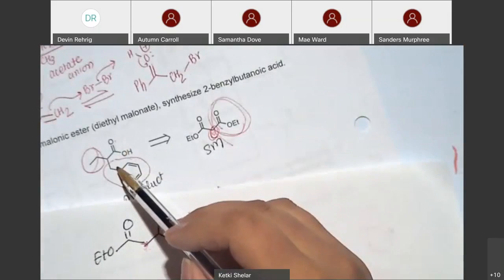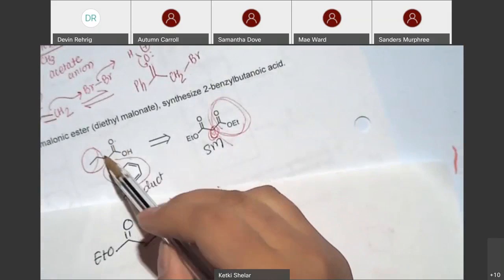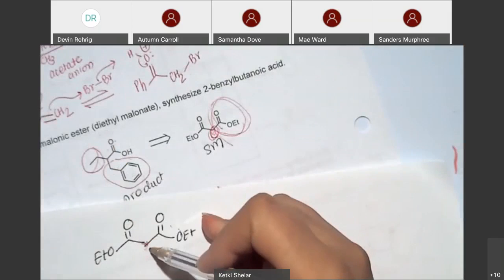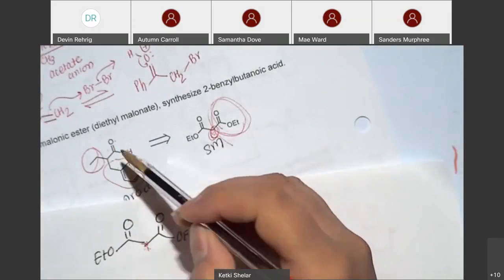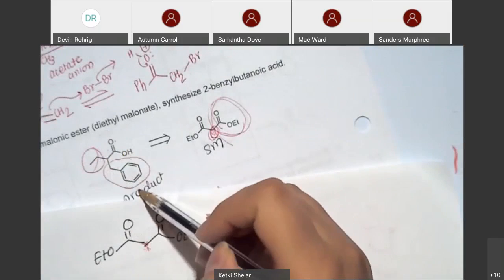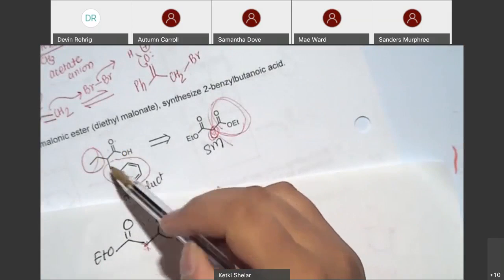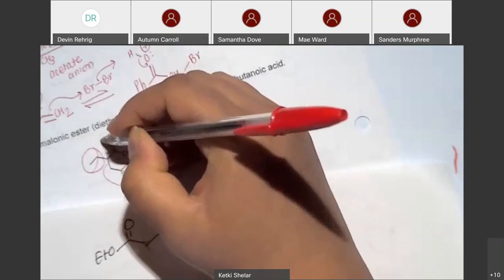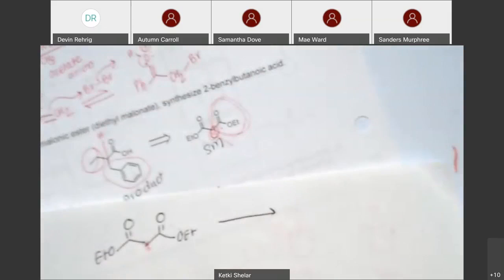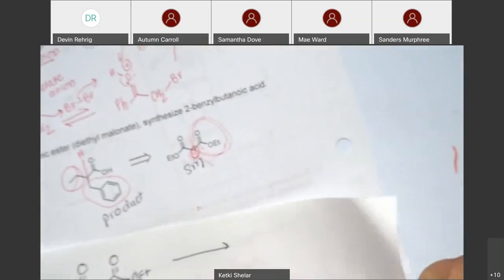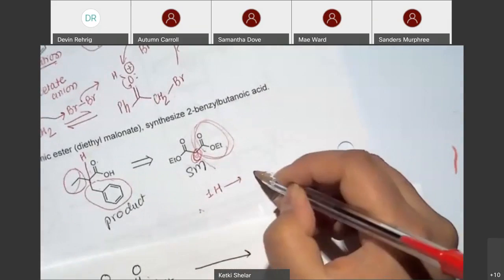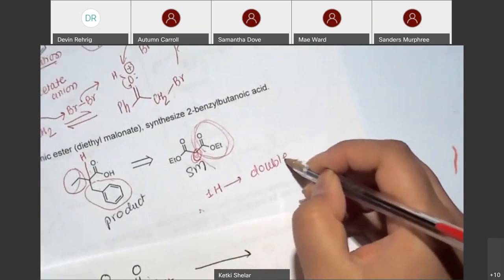So right now here, the product is COOH, and here this carbon would be this carbon, and you see how many substitutions are there. So right now there are two substitutions, right? So it means there is one hydrogen. Okay, if there is one hydrogen, it means that there is a double alkylation reaction.